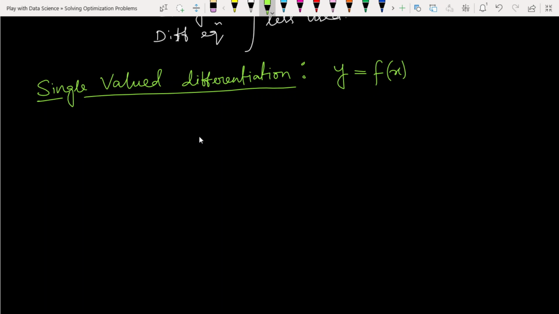If y equals f of x, then we denote dy by dx, which is simply dy by dx, where y means f of x.